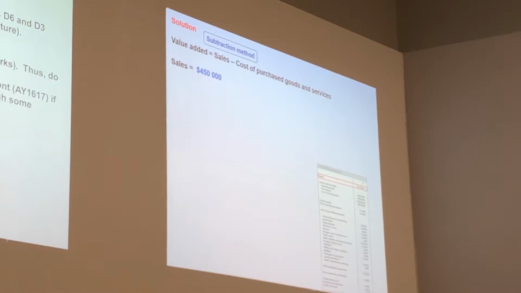Okay. Right, so now you have to look at the statement, find this component, find this component. Raw material. Goods are like raw material. Where is raw material? There you go. What is this?